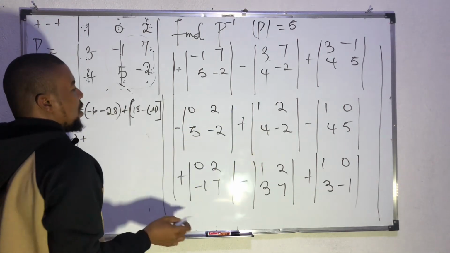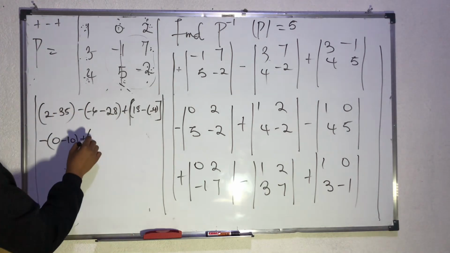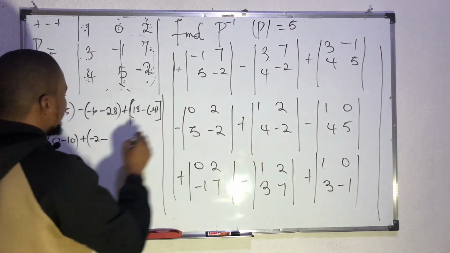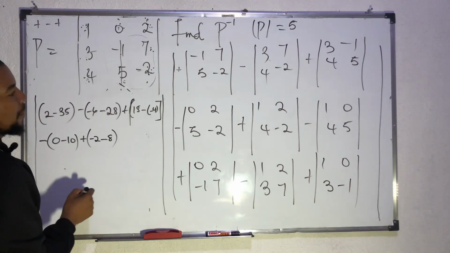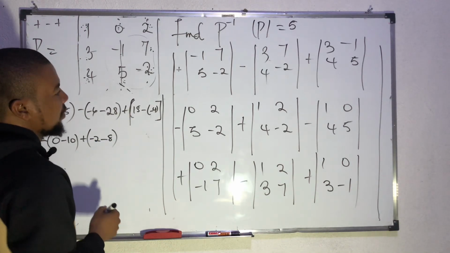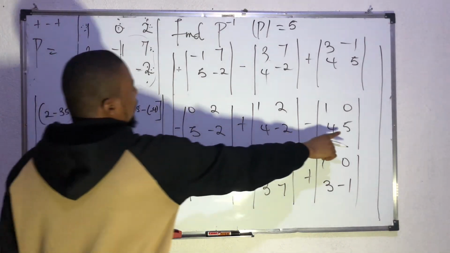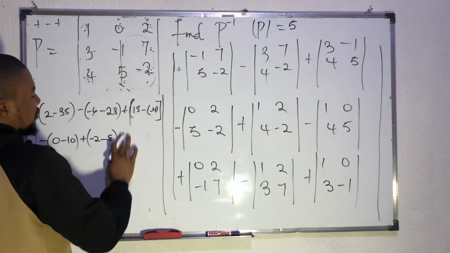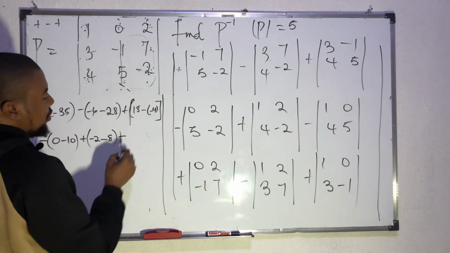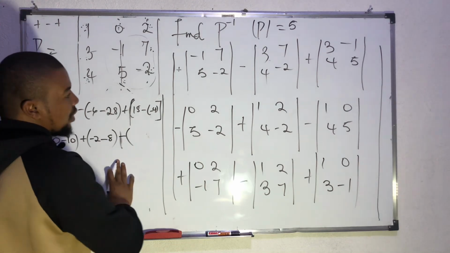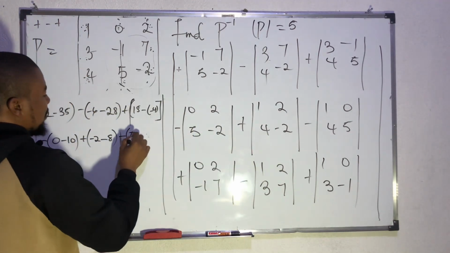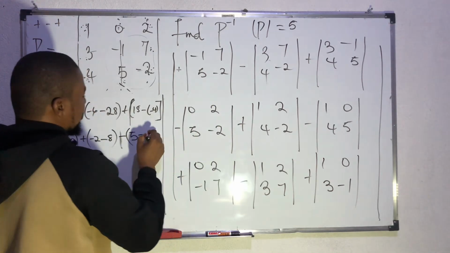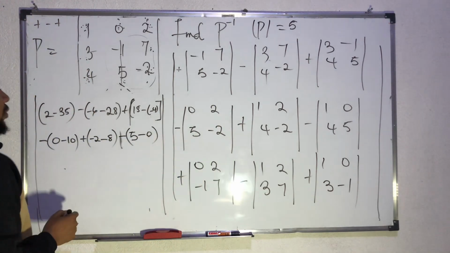Negative 2 multiplied by 1 gives us a negative 2, minus 4 multiplied by 2 gives us an 8. And lastly, we have 5 multiplied by 1. This gives us a 5. There's a negative sign here. 5 multiplied by 1 gives us a 5, minus 4 multiplied by 0 gives us a 0.